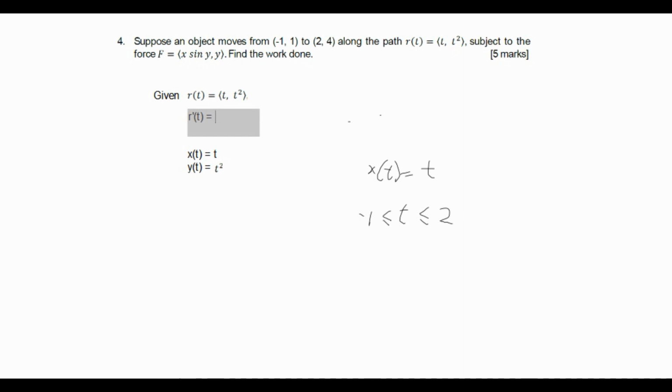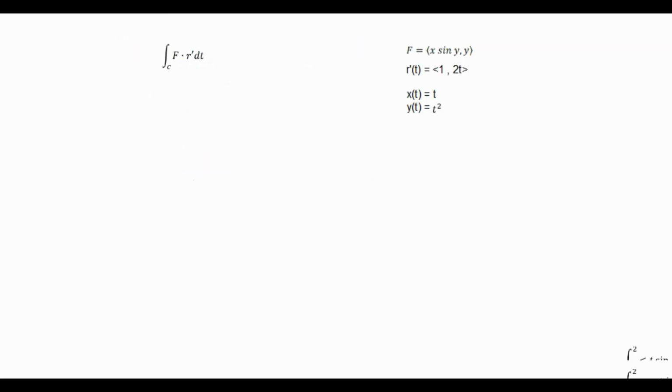And next, we will find the differentiation of r(t), which is r prime t. Over here, the differentiation of t will be 1, and the differentiation of t squared will be 2t. Okay, so you have all your values set up, and now we'll move on to the integration.